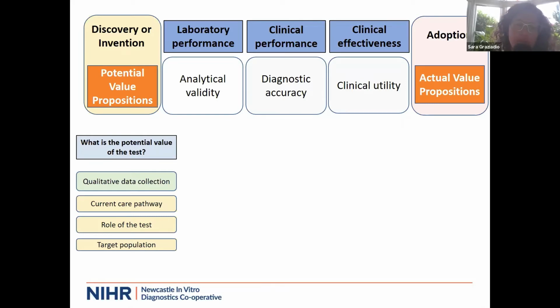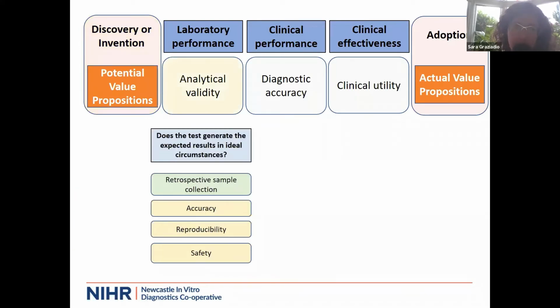So there's quite a lot of understanding to extract the current pathway. The outcomes are the role of the test, so where in the pathway the new test fits, and what the target population is. These are the main outcomes, but Amanda will go into much more detail on Friday.